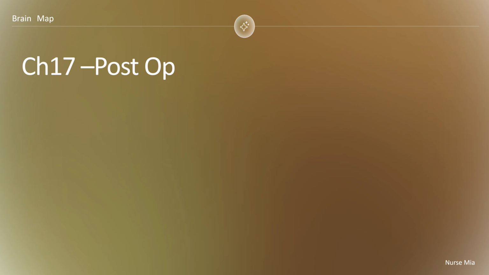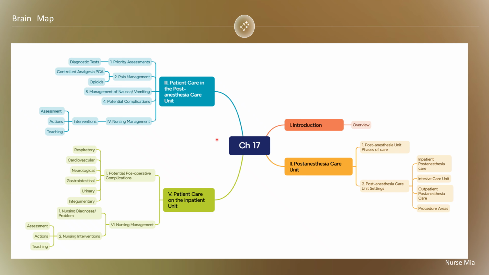So here it's the introduction, then the post-anesthesia care unit, which is patient care in the post-anesthesia care unit, and this is not 5, this is 4, because I got confused, nursing management will be 4, but actually not, it's in the same structure here.